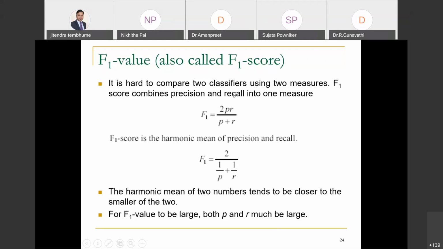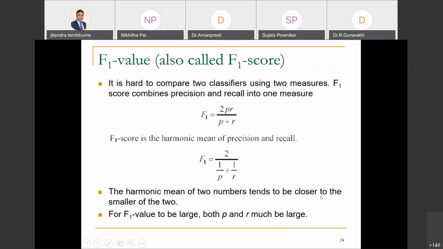The formula is 2PR divided by P plus R, which can be written in terms of the harmonic mean: F1 is equal to 2 divided by 1/P plus 1/R. We require the values of P and R to be as large as possible, so that the F1 score is very large.